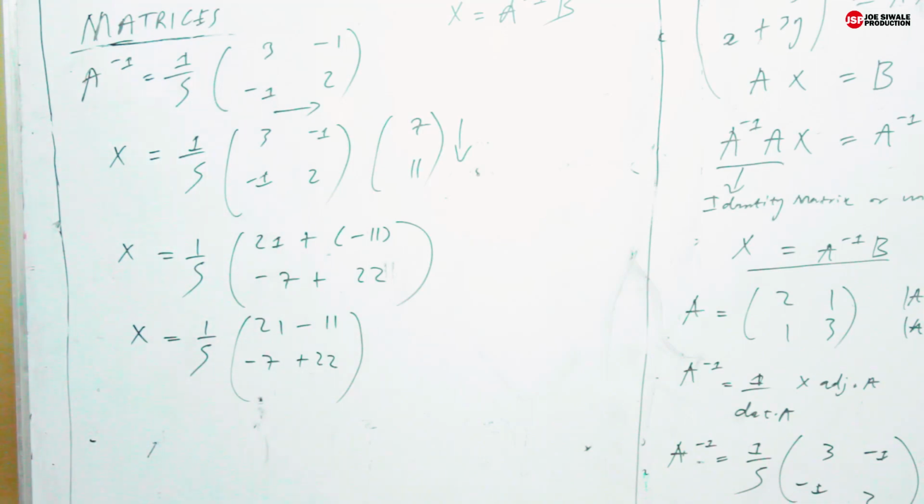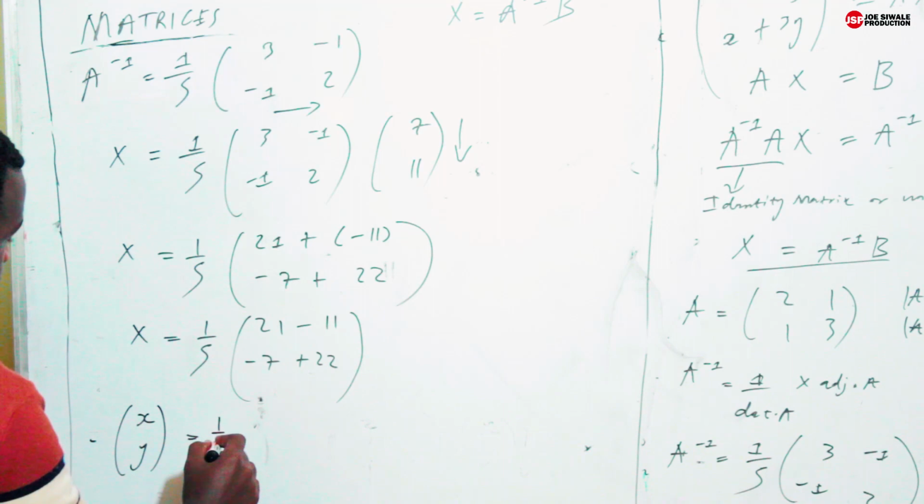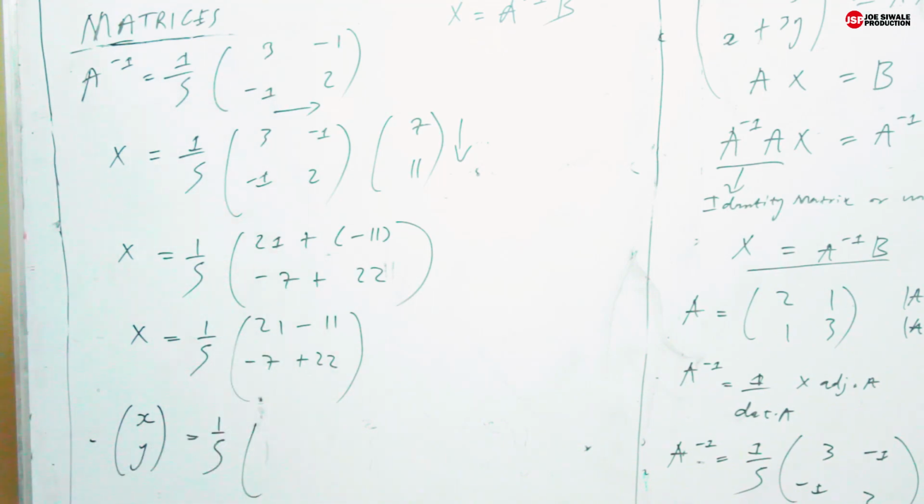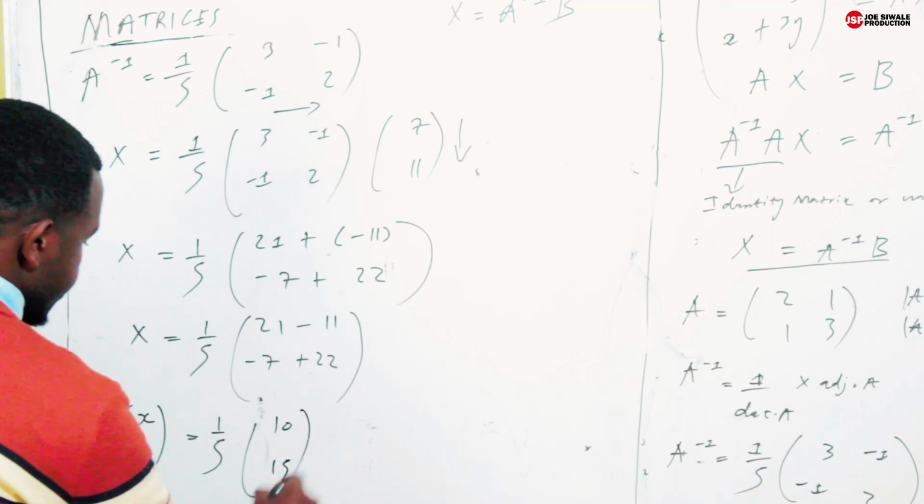So our x, I said that represents the variable matrix. In our variable matrix, we have x, y is equal to 1 over 5. So 21 minus 11, that's 10. Negative 7 plus 22, that's 15.